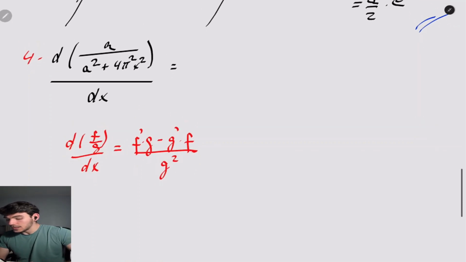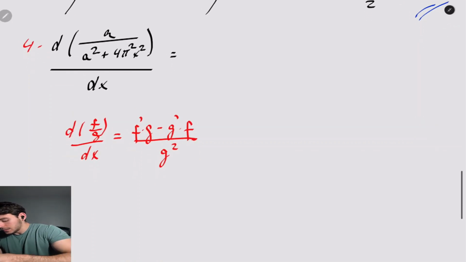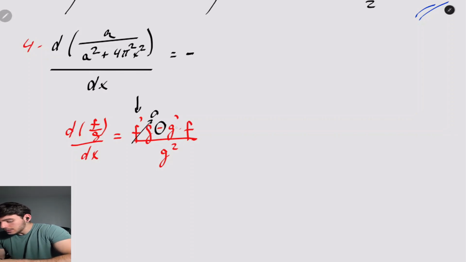So since a is a constant, here we'll have the derivation of a constant times g, that's 0. So here we have minus the derivation of g. So if we derivate here, these 2 will fall, and we'll have 8 pi squared x. So that's the derivation of g, and then we multiply it by f.